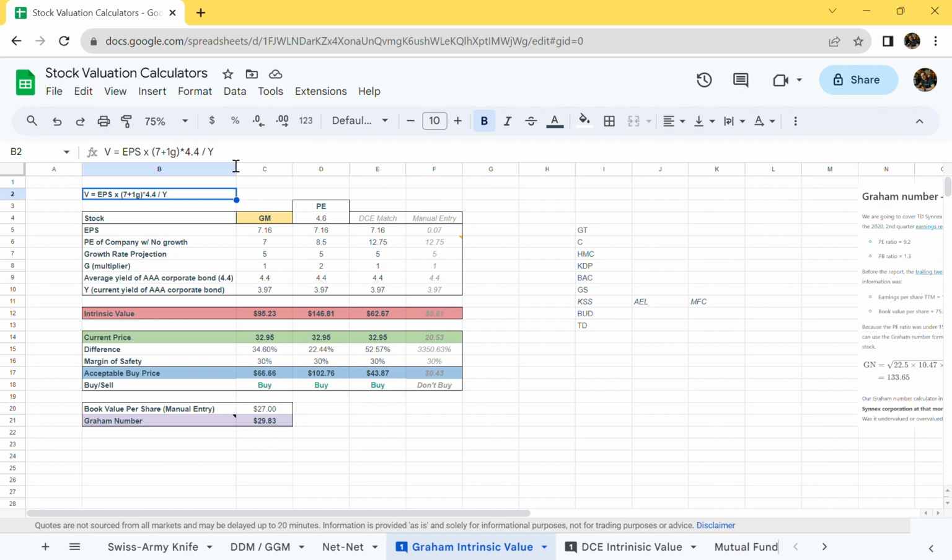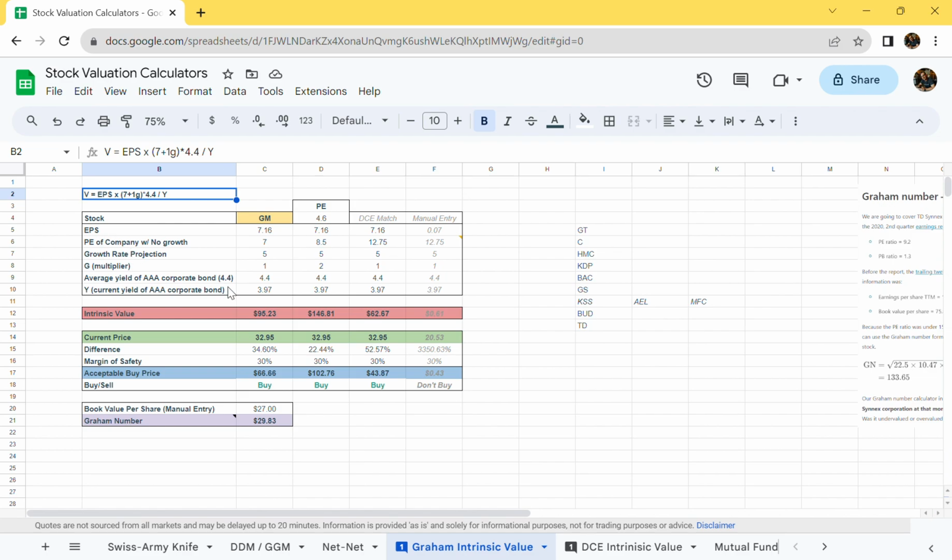And he'd come up with this formula for looking at basically the bare minimum value of a company, and it essentially looks at earnings per share times 7 plus 1 growth rate projection, times 4.4, which is the average yield of AAA corporate bonds, divided by Y, which is the current yield of AAA corporate bonds.